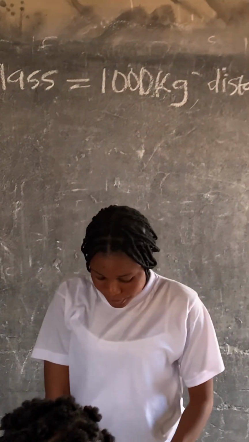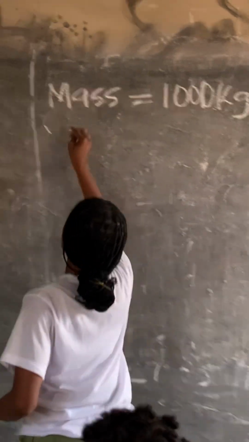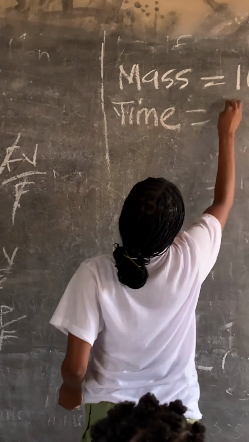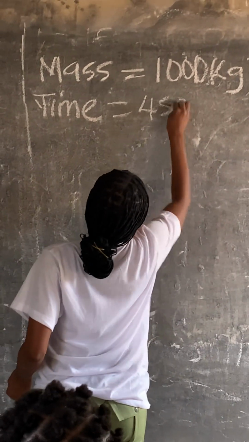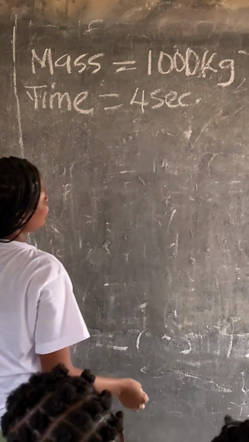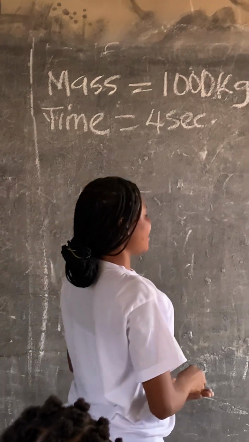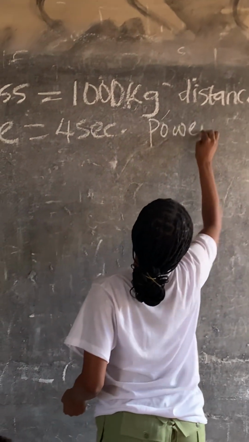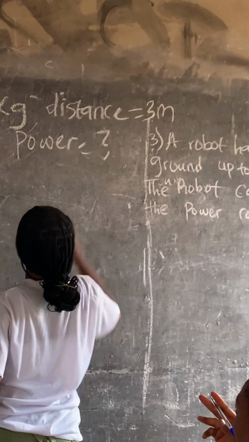Time, which is 4 seconds. Is something else given? No. What are we asked to find? Power. That means power is not given in this one. We are asked to find power.